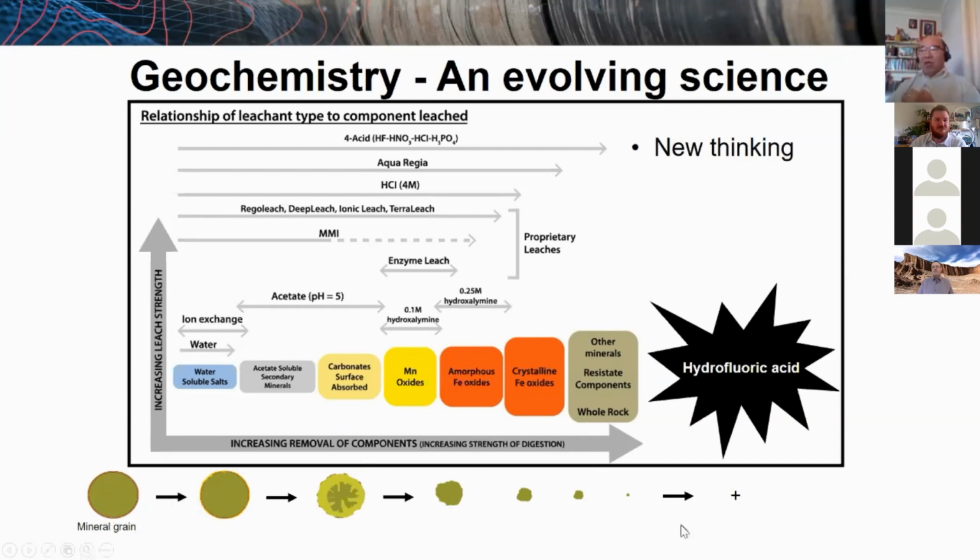So to determine how good that ore material is, you try to dissolve all of it as completely as possible. And so it came up with a multitude of acids, from the highly corrosive hydrofluoric acid that digests everything, to the four acids, to aqua regia, and to different pure acids of different concentration. The idea is to get as close as possible a chemistry that reflects the ore material that you collect, so that you know whether it's ore or it's not.